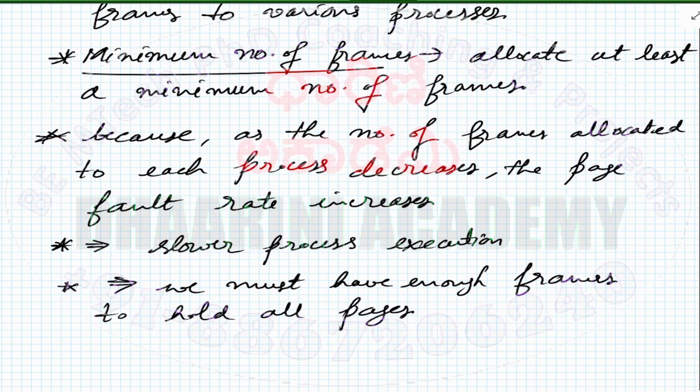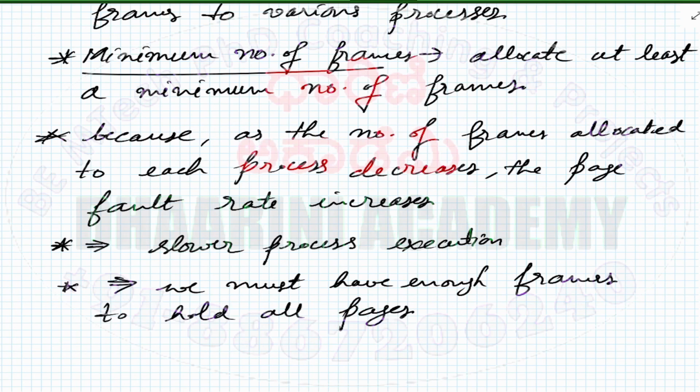So what is the overall idea? You always try to keep a fixed minimum number, and this minimum number should be chosen properly. You don't keep it as 1, 2, or simply 5, as that may not be sufficient. Out of all the processes that exist, the minimum may be 10, so you keep at least 10 for all of them, which tries to reduce the number of page faults.